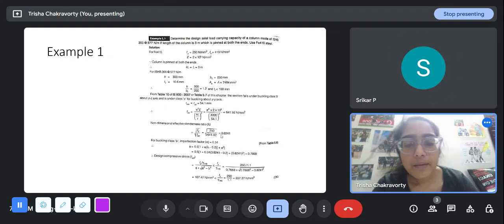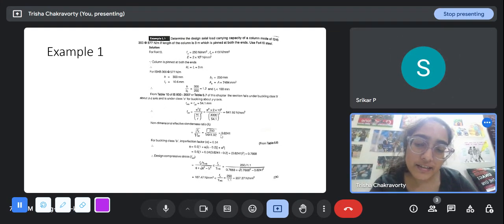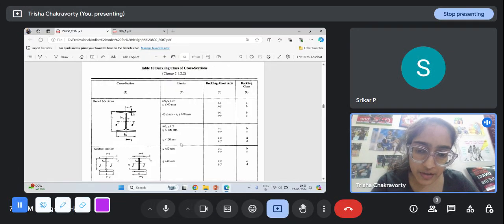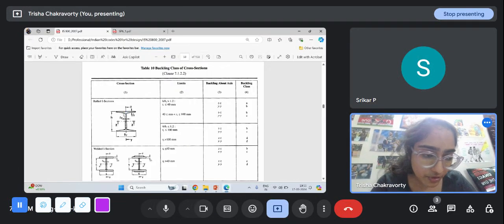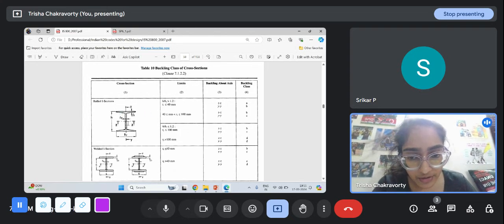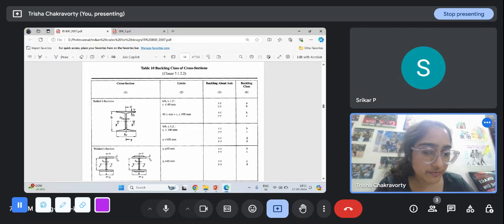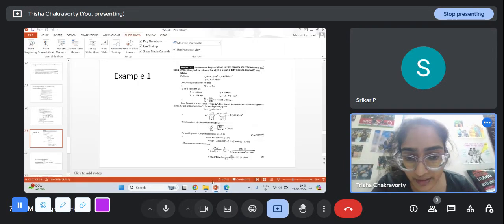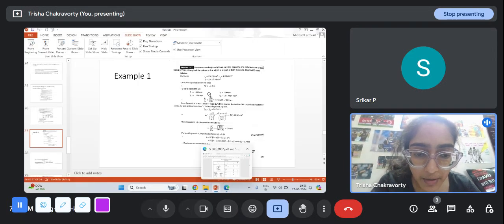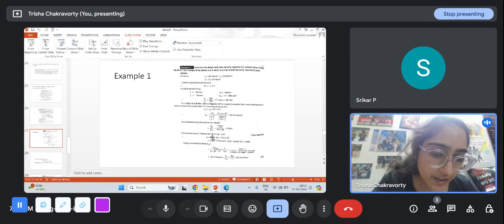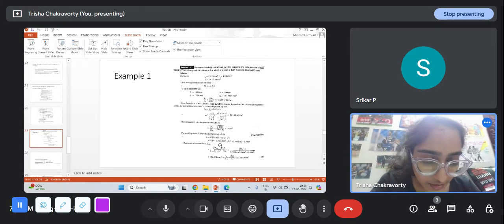Euler's buckling load, this is such a complicated cross section that in Euler's buckling, whatever theory we have learned, we consider a very simple cross section. For a cross section like this, we won't actually be able to find this out analytically from whatever knowledge we have. So all these calculations that are being done, determining the buckling class, then taking the imperfection factor, this imperfection factor is based on the cross section.